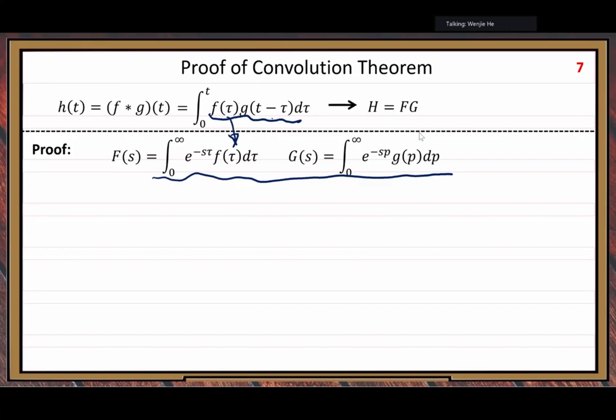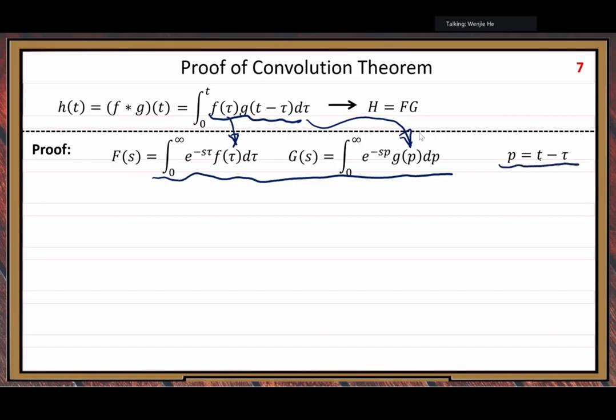But g of t minus tau and g of p here are slightly different, so we want to make them match. Then we do a variable substitution.